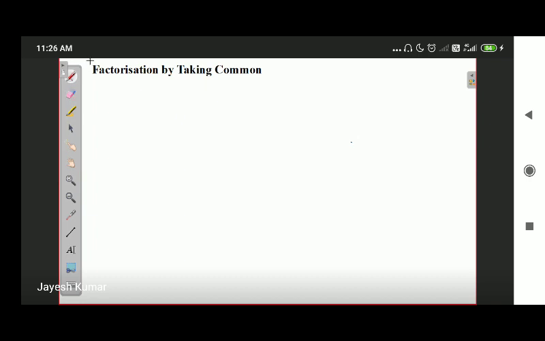Let me take an example, example number 1 of your book, page number 108. Example number 1 is: factorize 6x square y plus 10xy square.